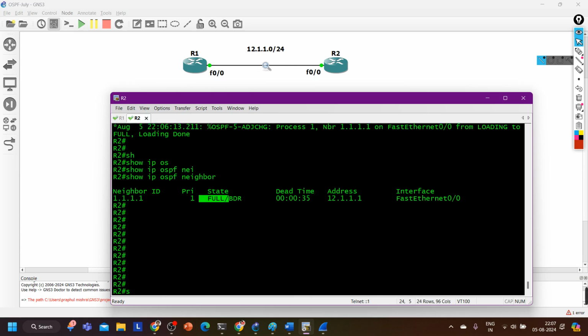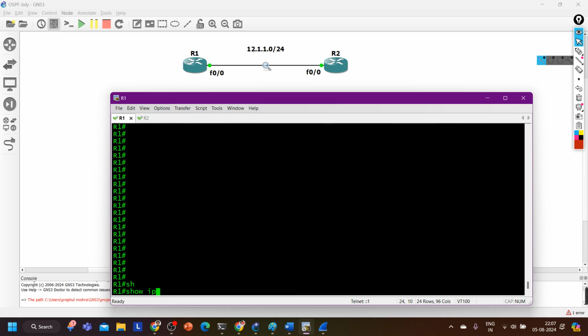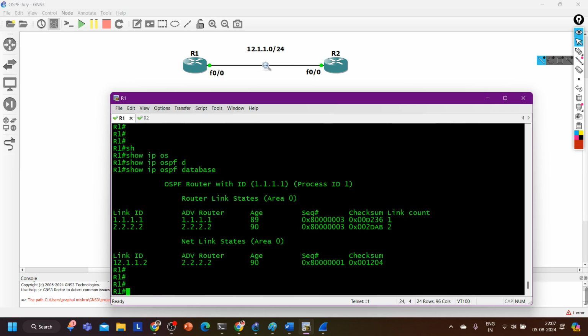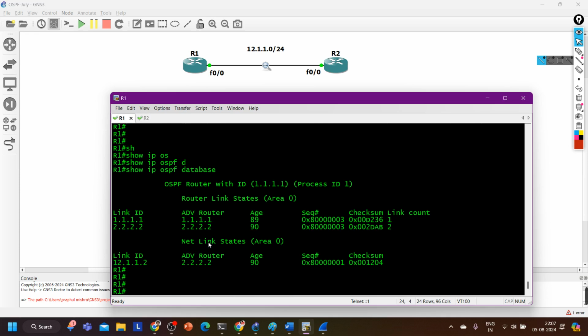In the same way on router number 2, show IP OSPF database. Now see guys, database of router 1, show IP OSPF database. Router 1 and router 2, database of both routers is exactly same, right? Exactly same, there is no difference, right? Means both routers have information of complete topology, right?